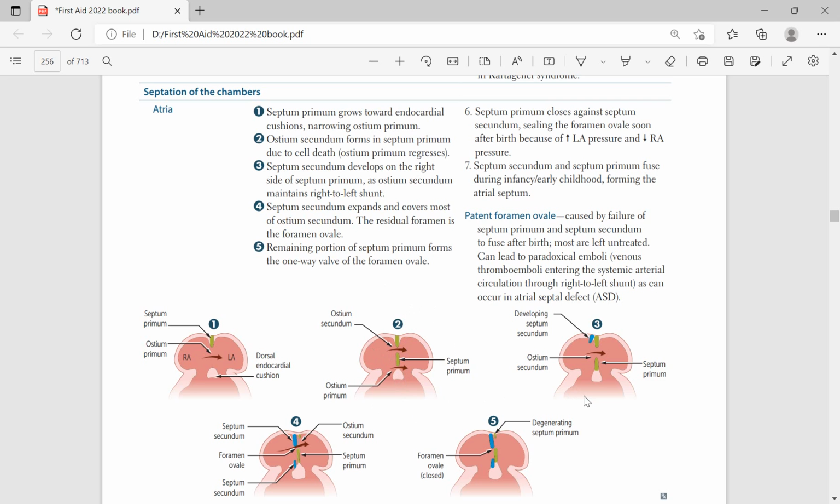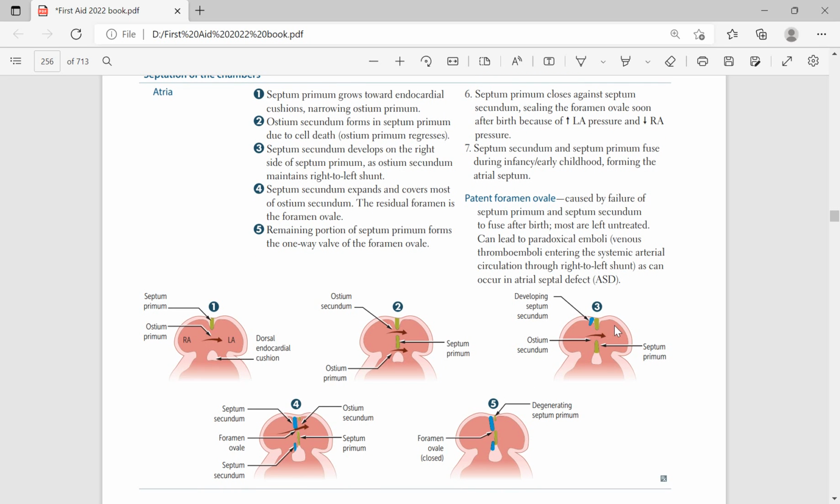Then septum secundum. So this is septum primum, and this is ostium secundum. Ostium primum is in front of the septum primum, and ostium secundum is in front of the septum secundum.